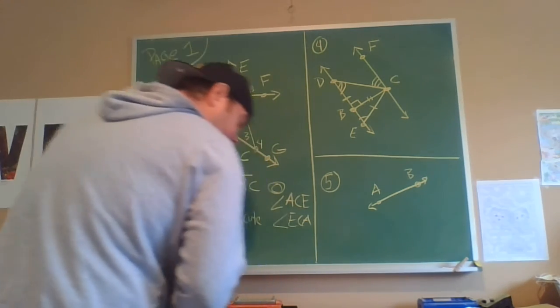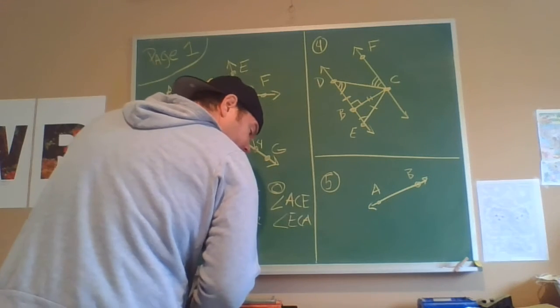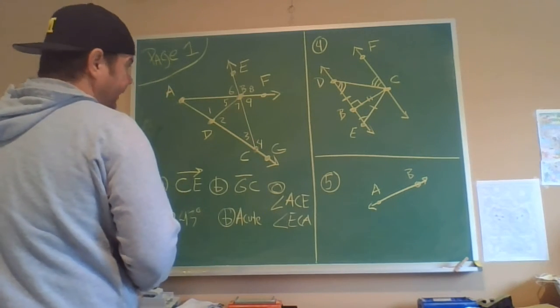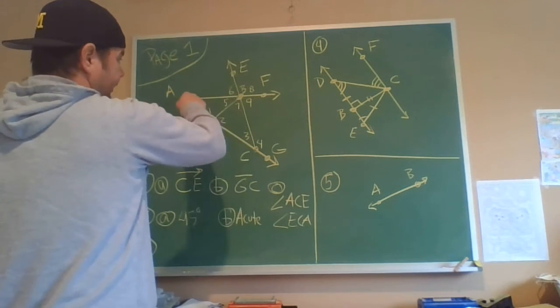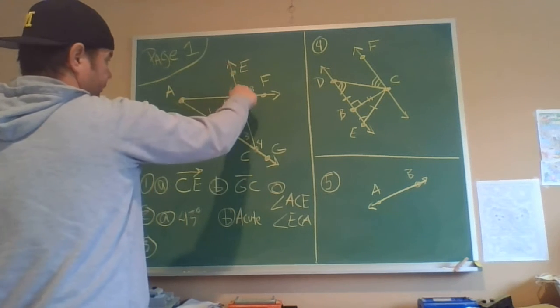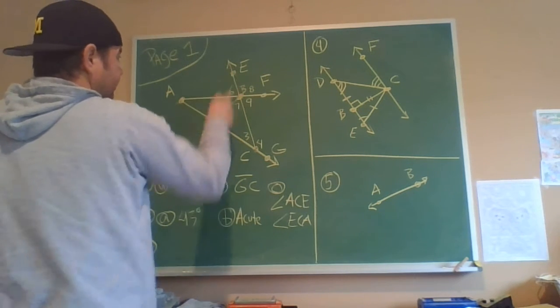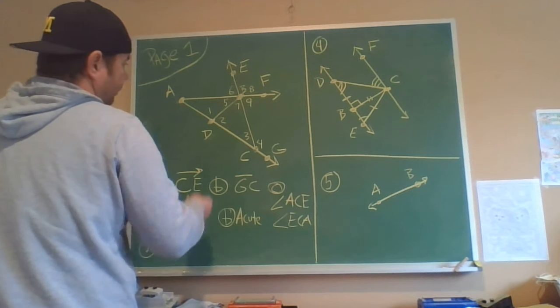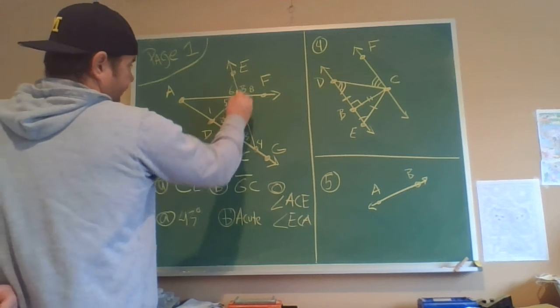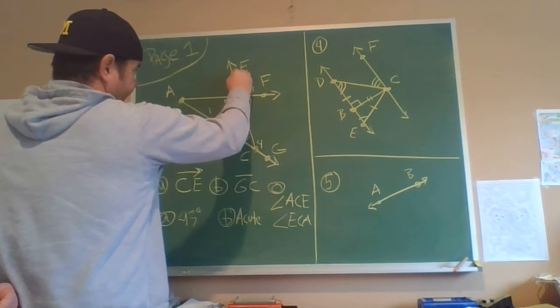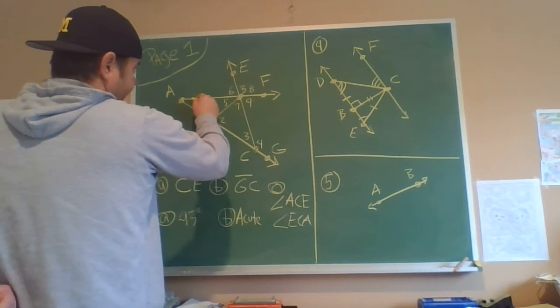Okay, question number 3: name a pair of vertical angles if we're talking about angle 6 being one of them. So if angle 6, which is angle ABE, this one right here, which angle is vertical with that? So remember, vertical angles are angles that are formed by the same lines.